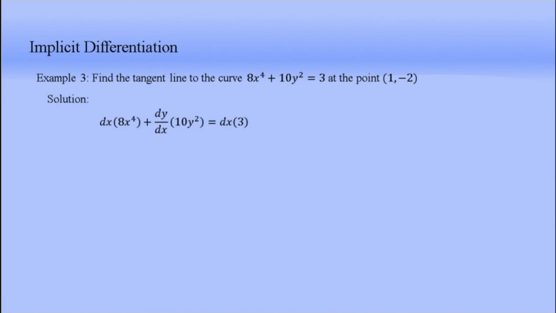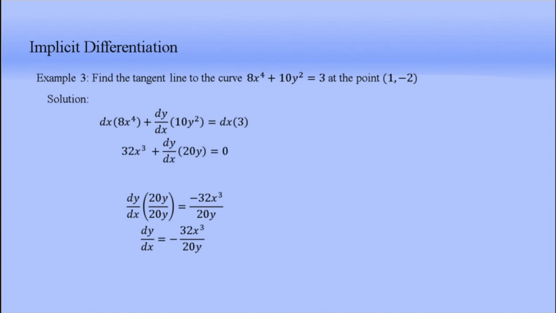First, again, is to find the derivative of the term. So the derivative of 8x raised to the 4th power is 32x cubed, plus dy dx times the derivative of 10y squared, which is 20y, and then equals the derivative of 3, which is 0.